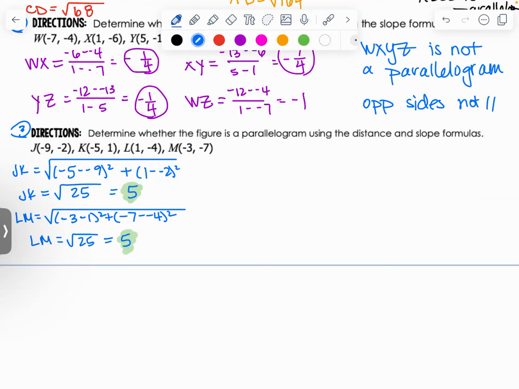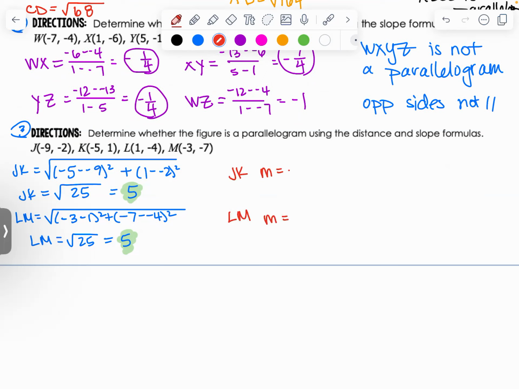So this is a good start. We have one pair of opposite sides that are congruent. Thank you for using the right word. Okay, now let's see if they're also parallel. So we're still working with JK and LM, but we're gonna work on their slope now.